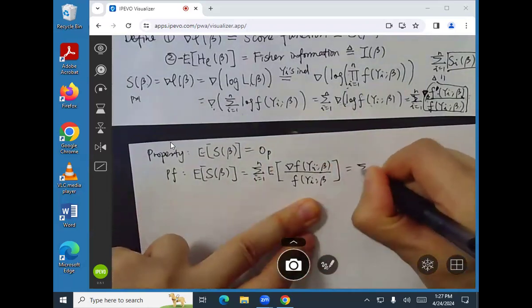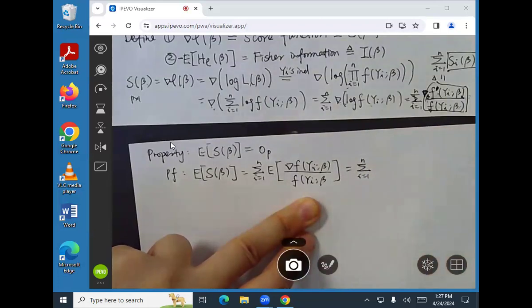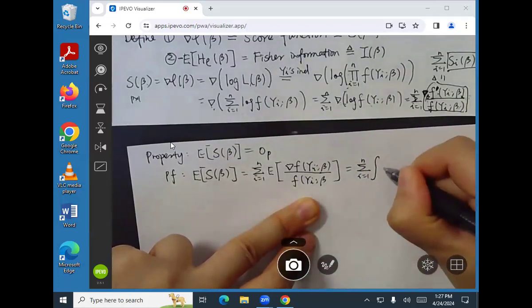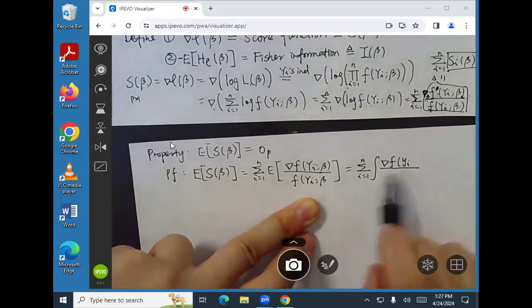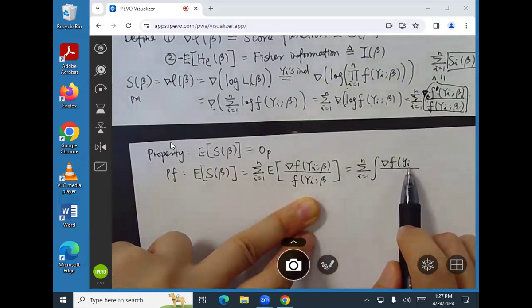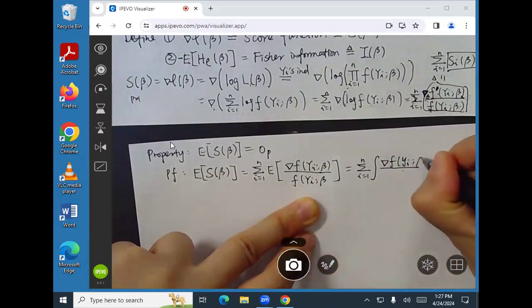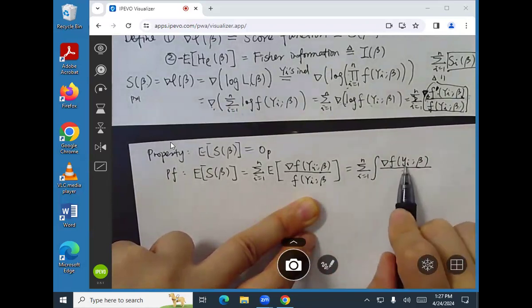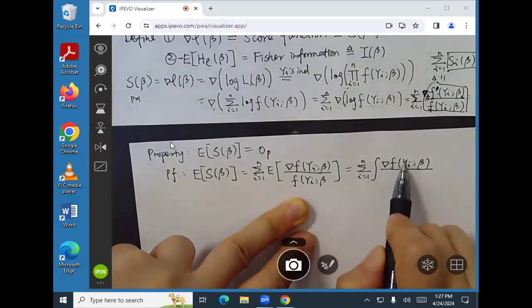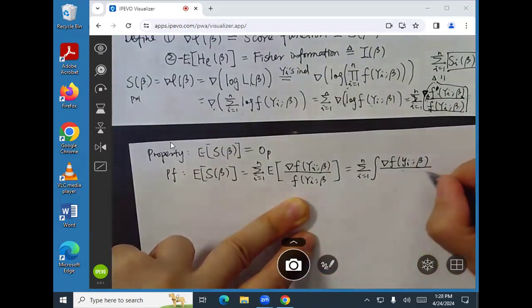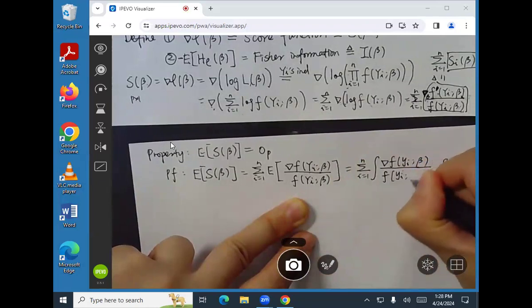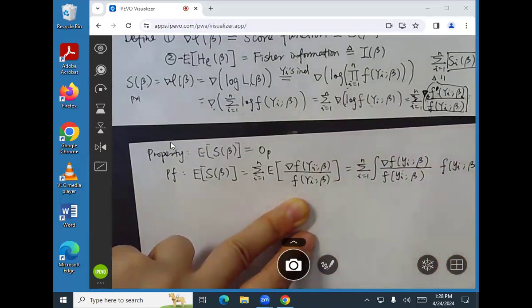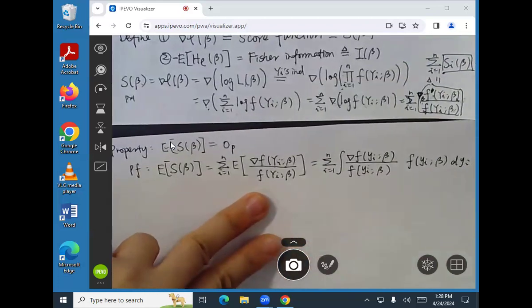Therefore, changing it to the definition of expectation as integration, it's basically the integration of, I changed the notation of y_i to a lowercase y_i, because I want to say that now I'm considering different values this random variable y_i can take. And then I consider the density of different values. That density is just f(y_i, beta), dy_i. This is the definition of expectation.